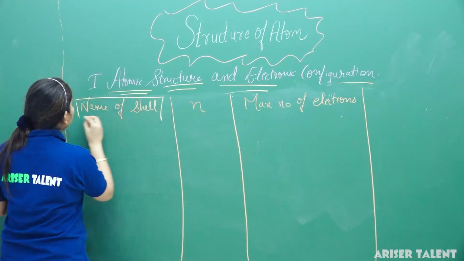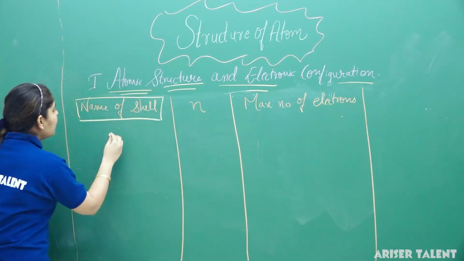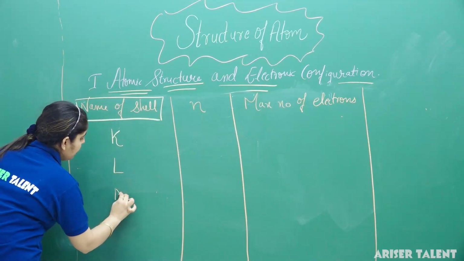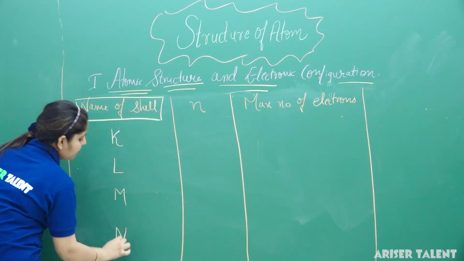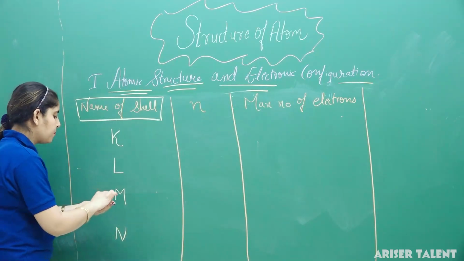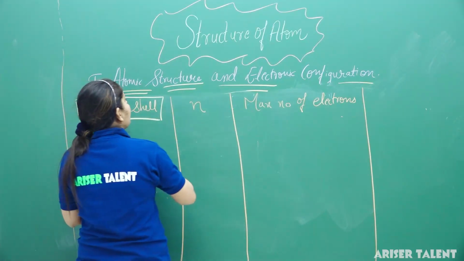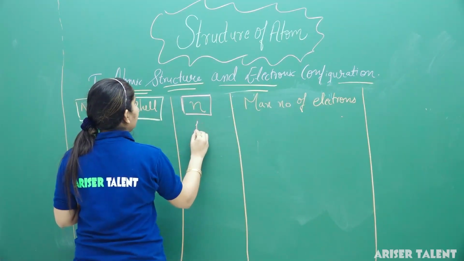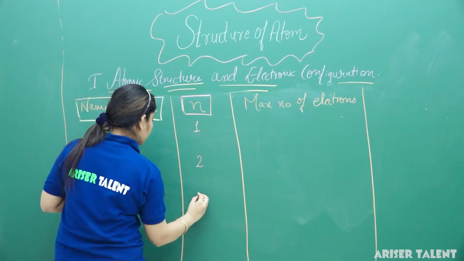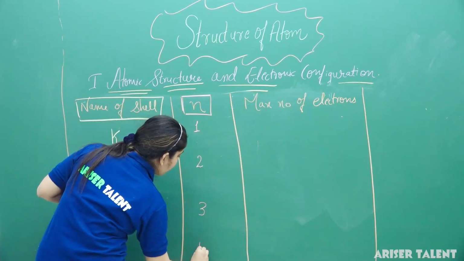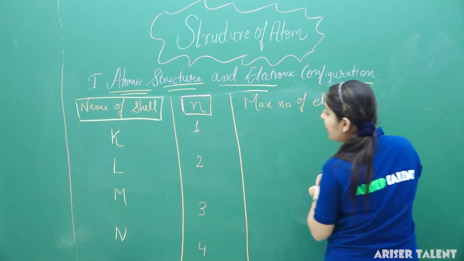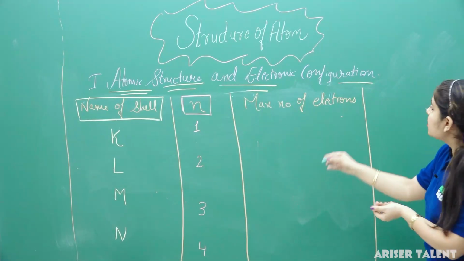Firstly, we will write the name of the shells: K, L, M and N. As we have 4 shells, we will write their numbers, that is 1, 2, 3 and 4. Now we will calculate the maximum number of electrons that can be embedded in these 4 shells.